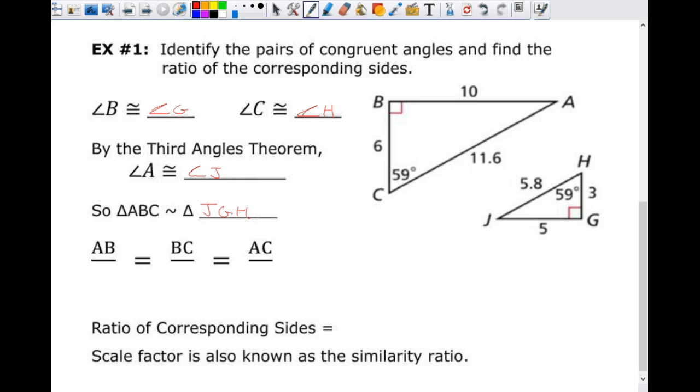AB: A is first in line, B is second in line, so it's going to be JG. BC, second, third, second, third, GH. AC, first in line, third in line, first in line, third in line.